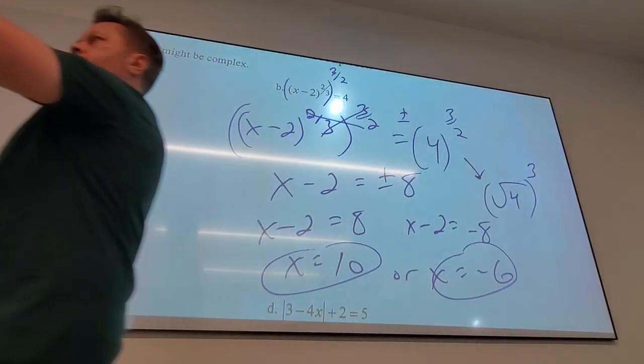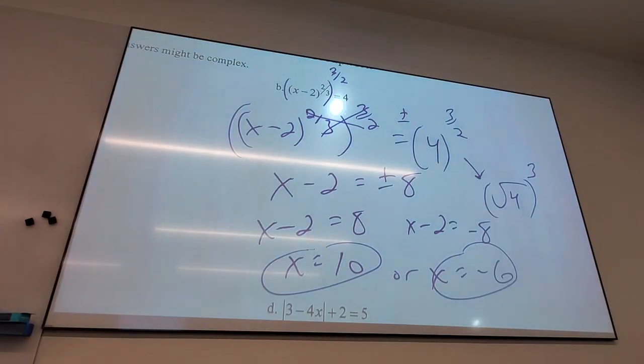Real quick, if I wanted to stay real, can I do the square root of negative 4? If I need the answer to be real, can I do the square root of negative 4? No. If I want to stay real, can I do the cube root of negative 8? Of course I can. Why are cube roots so relaxed? I always think of even roots as very hung up. They're very like, oh, they can't handle negatives. And odd roots are like, yeah, whatever. Because what is negative 2 squared?